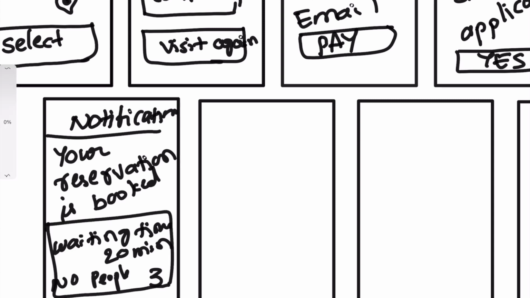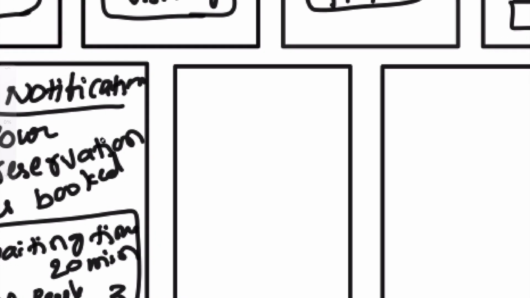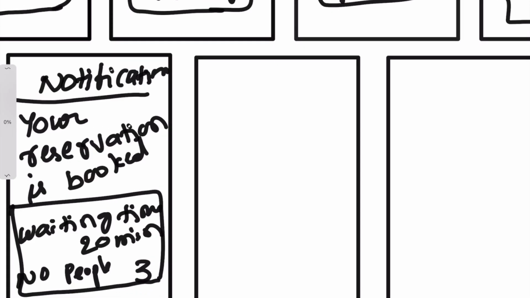The next one is, so we already noticed about the form, so how the user interacts with the restaurant. So this is a messaging system.